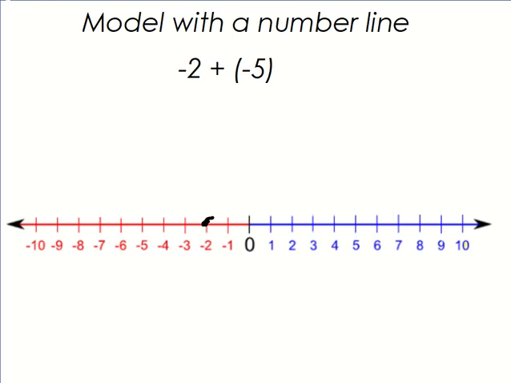So we're going to move 5 places in the negative direction. The negative direction is to the left, because that's why those numbers get smaller and smaller. No matter what, negative direction would be to the left, even if we started at a positive, because the numbers are getting smaller and smaller. So we're going to go 1, 2, 3, 4, 5.